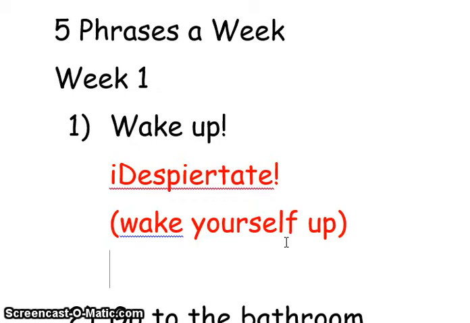And the reason they do that is because in Spanish it is perfectly correct to say I don't want nothing, no quiero nada. Whereas in English that would be incorrect because you would be using a double negative. But anyway, so wake up is despiértate, and it really means wake yourself up.